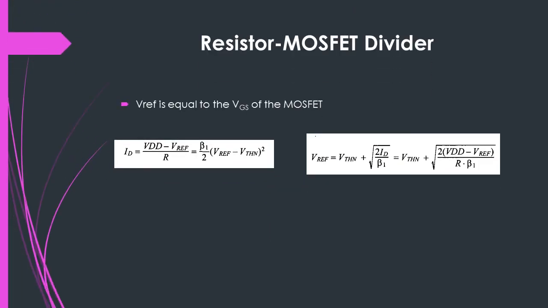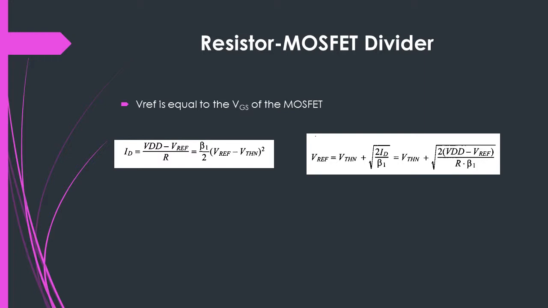Equations are written on the slide. If Vref is designed so that it is close to VTHN, then the reference voltage will be insensitive to changes in VDD, and its temperature behavior will follow the threshold voltage.